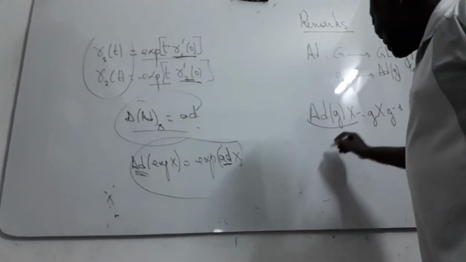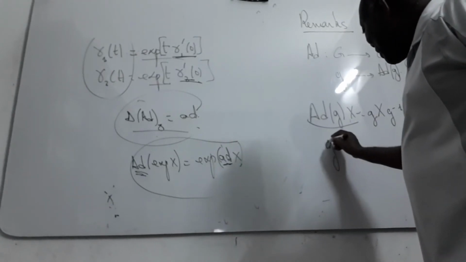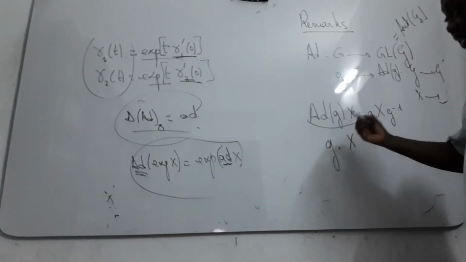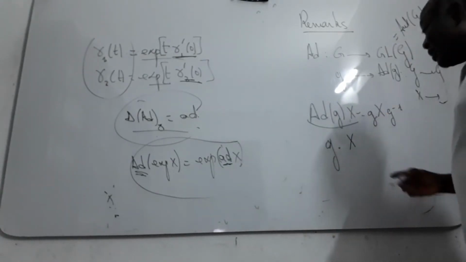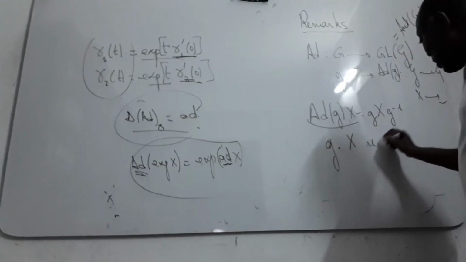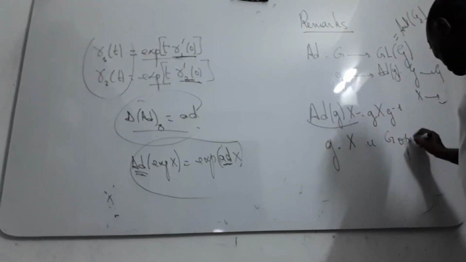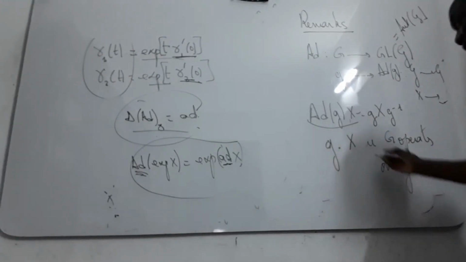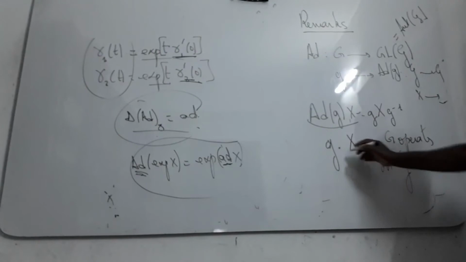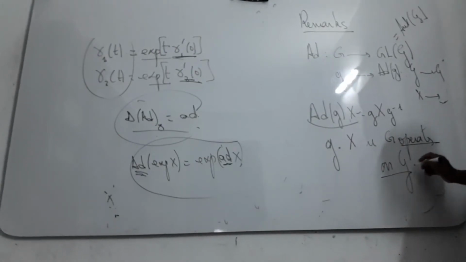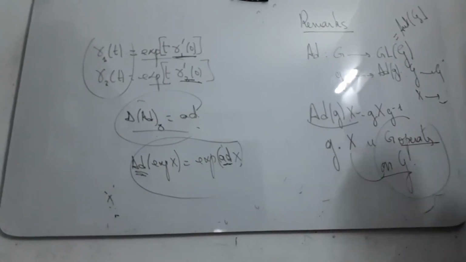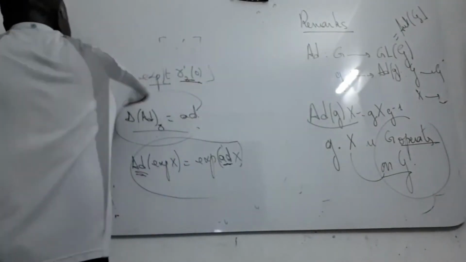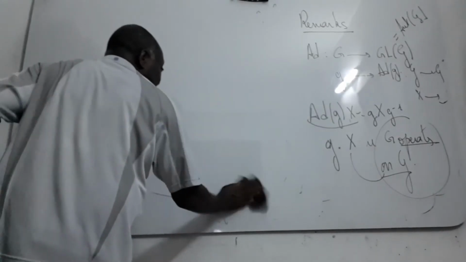Here it's just the action of G on X. That means that G operates on the algebra like this. It's just an action, and this is an operation.